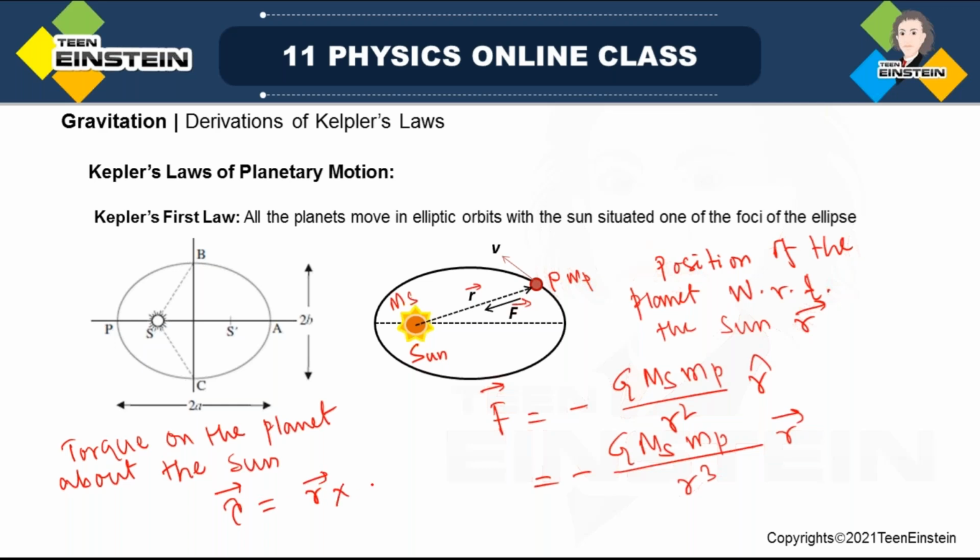by r cross F. Now look, F is also along the r vector with a minus sign, and this r vector is already there. So if I write this, this is a constant, G ms mp by r cube, and this is the r vector.